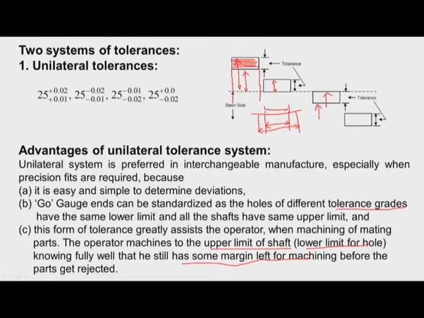Now he takes the drill tool corresponding to this basic size or lower limit and starts drilling, and there is a lot of material left. The size may increase because of the vibration of the tool, but still the workpiece can be accepted. The reason is the upper limit of the hole is up to this.